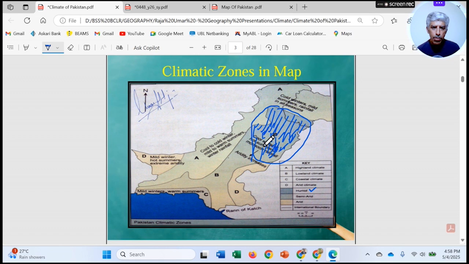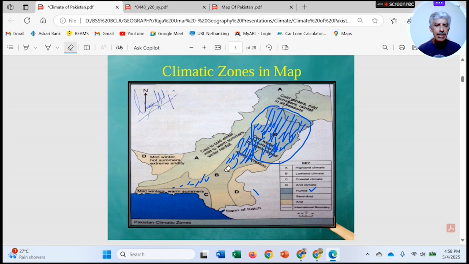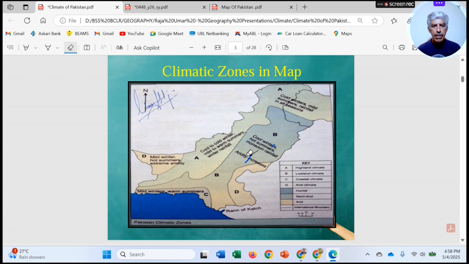But as we are coming down, the blue color is getting lighter and further lighter. So it means that the aridity increases. Dryness increases when we move down southwards in this region, making this region a bit dry and semi-arid sort of zone.